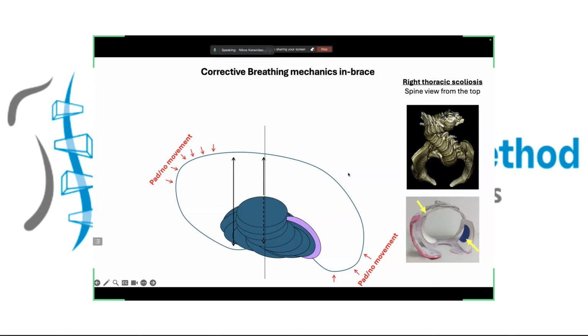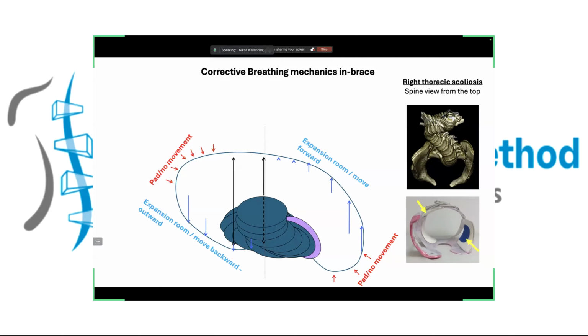So when the patient is just normally breathing in the brace, the effect that we have is that this area is moving forward and this area is moving backward and outward. So even a single normal breathing in a correct brace design can be a corrective breathing.